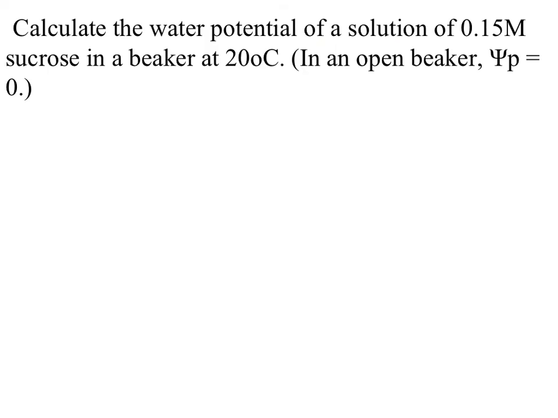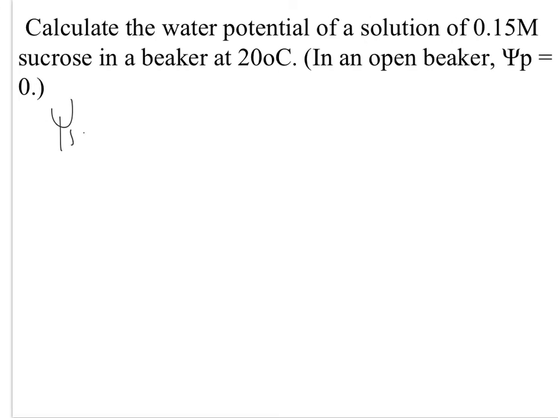So the question says, calculate the water potential of a solution of 0.15 molar sucrose in a beaker at 20 degrees Celsius. And it goes on to say in an open beaker, the pressure potential is 0. So we are using the formula that says our solute potential is equal to negative iCRT.